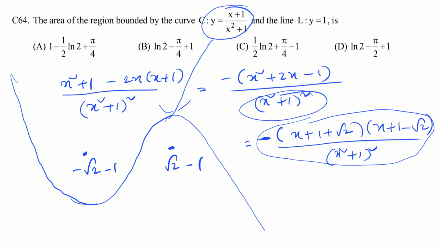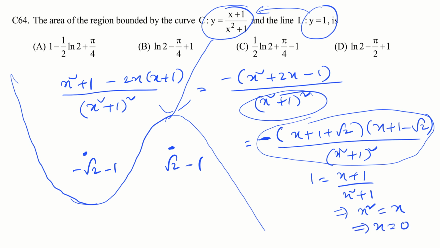So let me see the points where y equal to 1 intersects the curve. Solving them, I have 1 is equal to (x plus 1) by (x square plus 1), or simplifying, I have x square is equal to x, that means I have x equal to 0 or 1. So those are the common points.